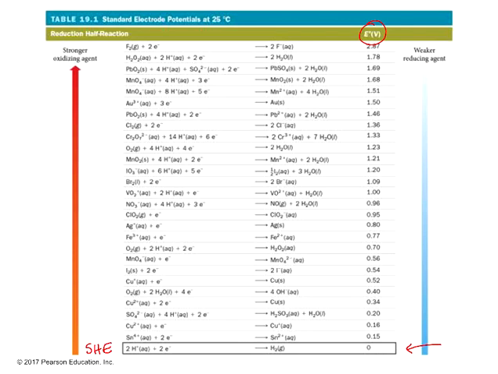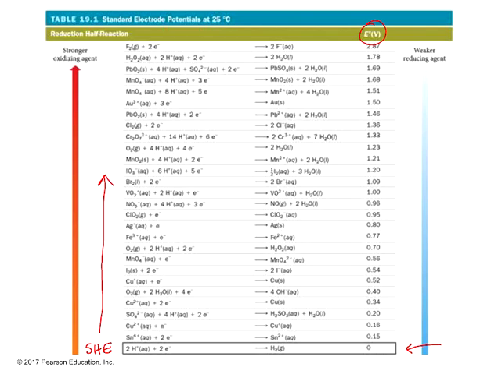Now you'll also notice that as we go further up the table, we have stronger oxidizing agents. So is an oxidizing agent oxidized or reduced? Reduced. Remember, it's opposite.